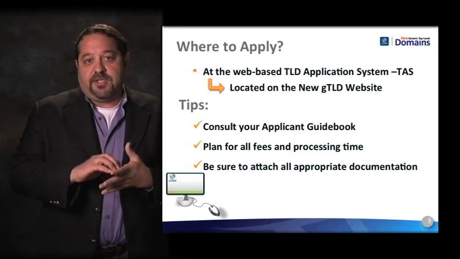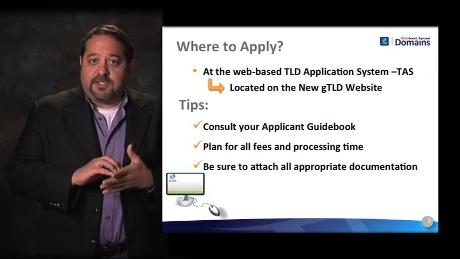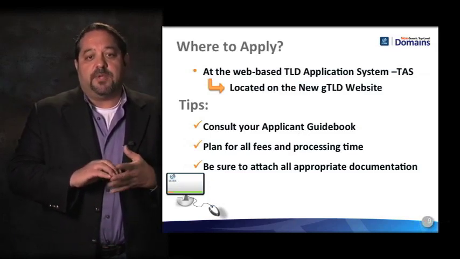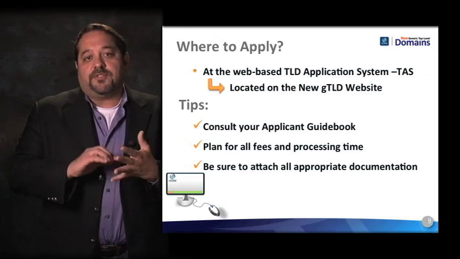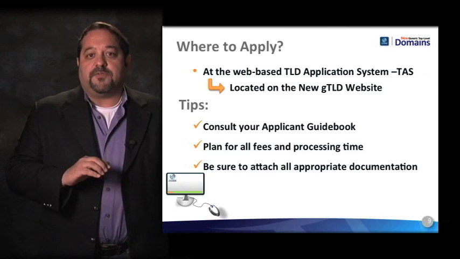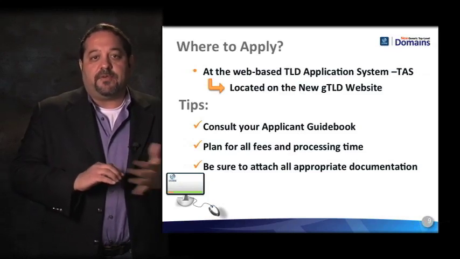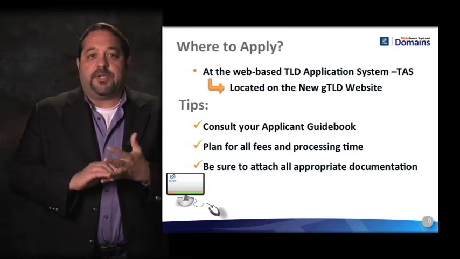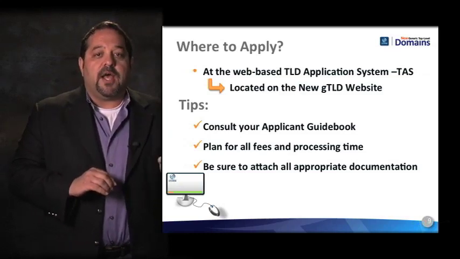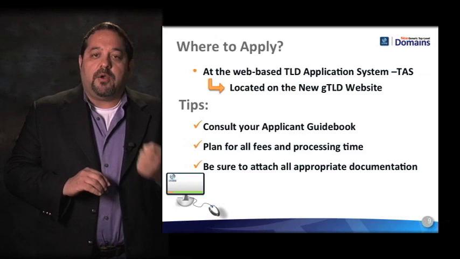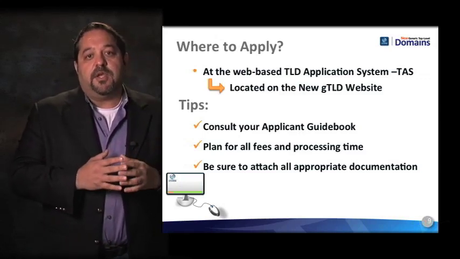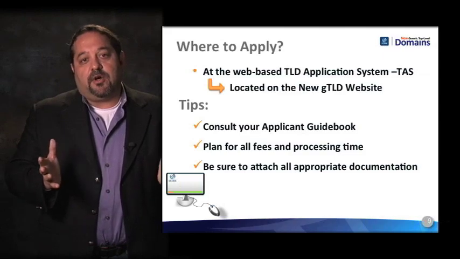So there may be page limits, which are currently contained in the applicant guidebook and will be highlighted again in the TLD application system, as well as requirements to upload certain documents: the letter of support or non-objection for a geographic name, network diagram, security policies, etc. The TLD application system will walk you through that. So I just want you to be aware that there are certain requirements regarding the TLD application system, and there's plenty of help online for you.